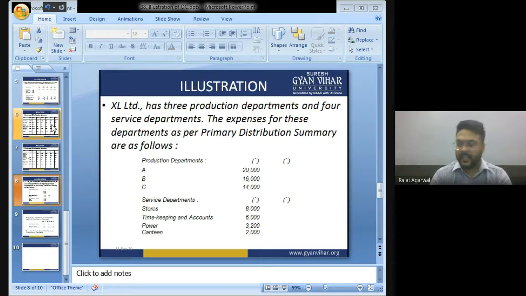Production department A 20,000, production department B 16,000, production department C 14,000. Service departments: stores 8,000, timekeeping 6,000, power 3,200, canteen 2,000.